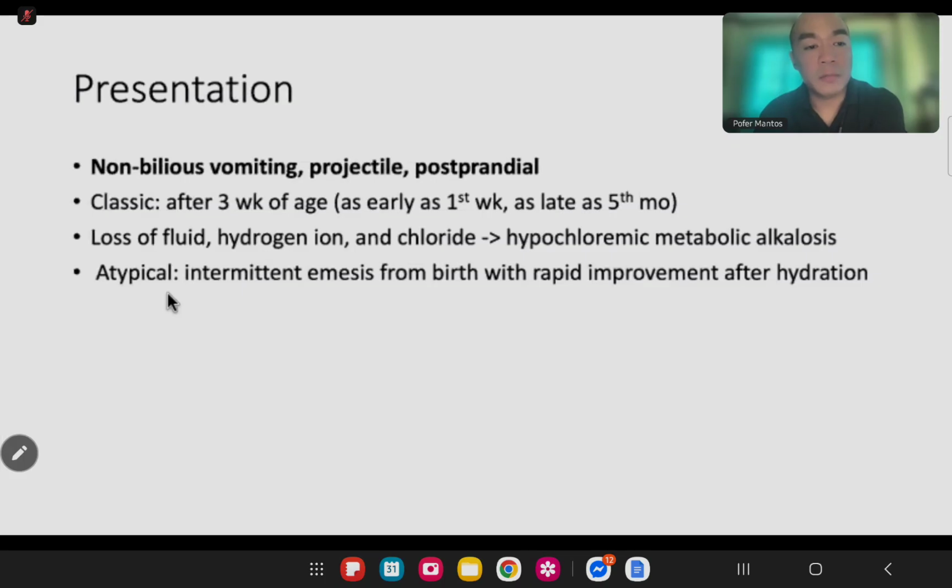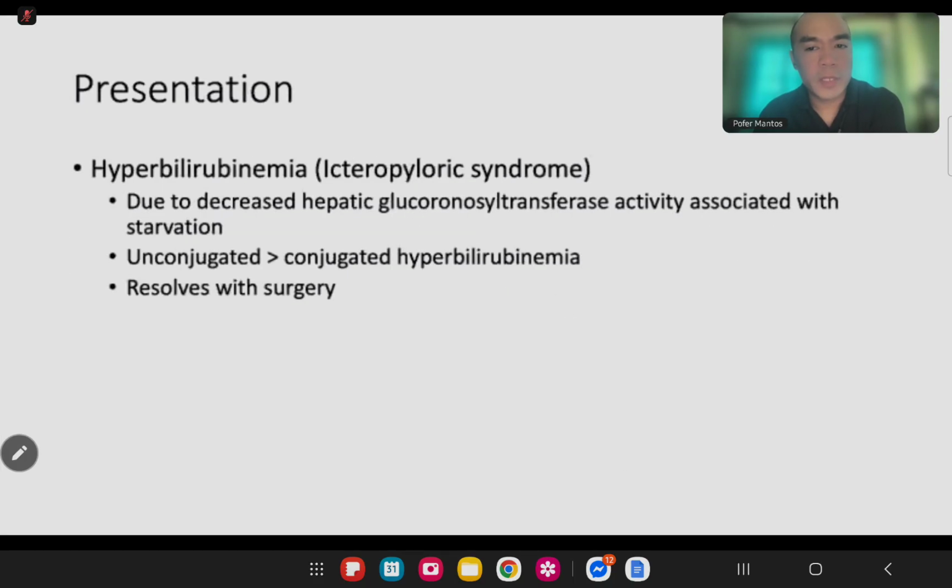And then this is the atypical presentation of some children with pyloric stenosis: intermittent emesis with rapid improvement after hydration. Some children with pyloric stenosis may also develop jaundice, also known as icteropyloric syndrome, due to the decrease in hepatic glucuronyl transferase activity associated with starvation.